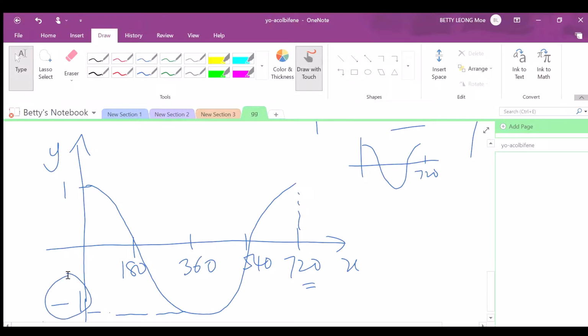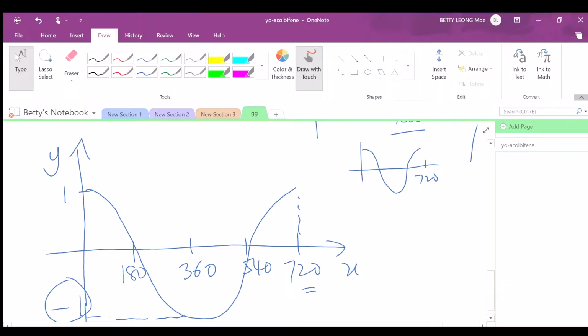There you are. So what happened to your graph? It has expanded. So when your b becomes less than 1, it expands.